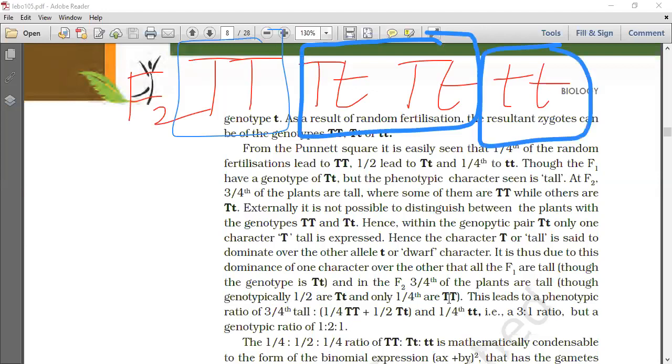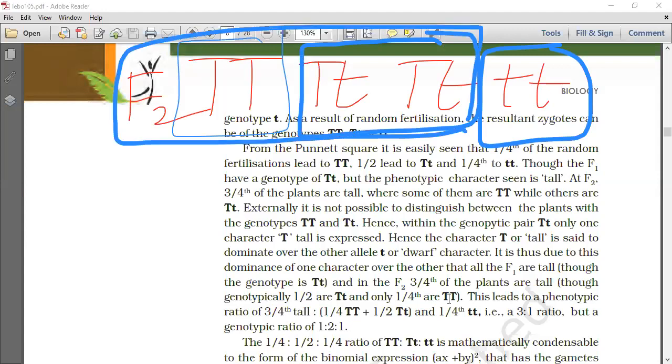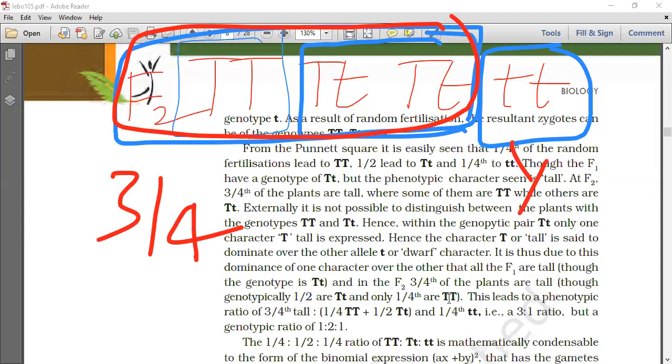Then these are 1/4, 25%. That we should understand. Phenotypically, it will make the full box, the total 3/4. When you want to say physical expression wise, 3/4 are tall and 1/4 are dwarf.